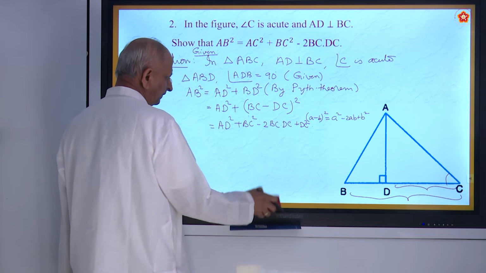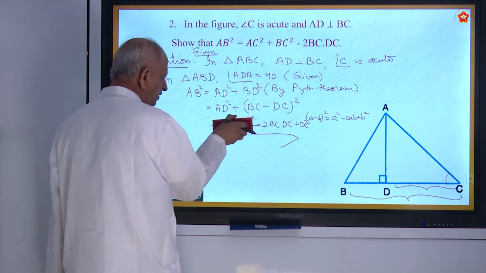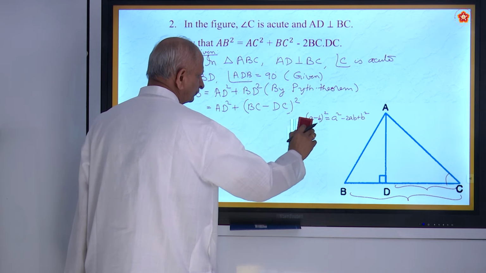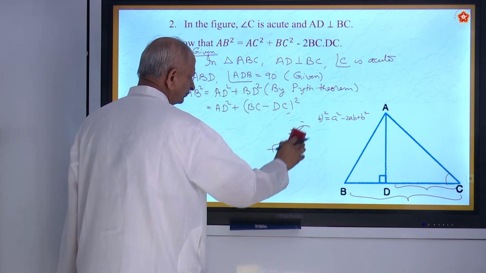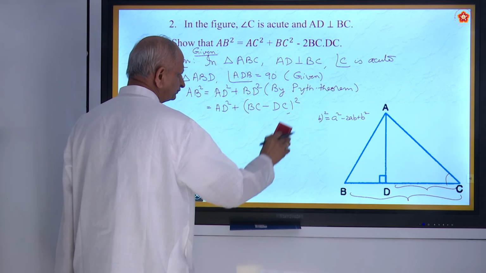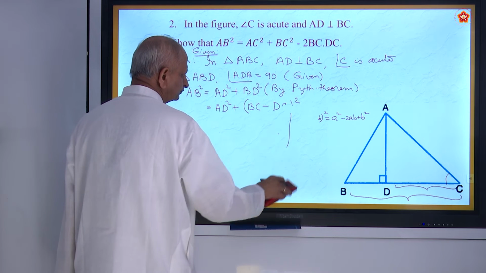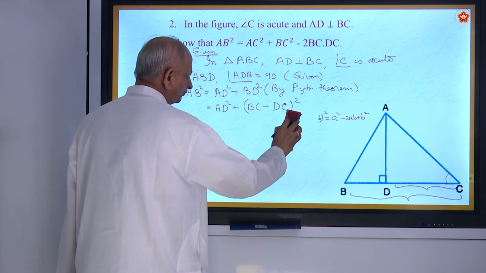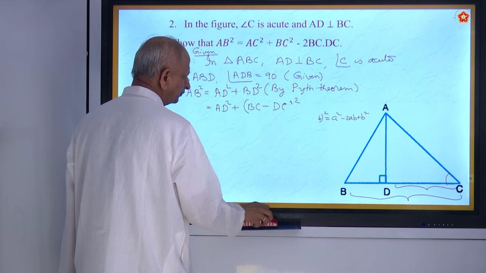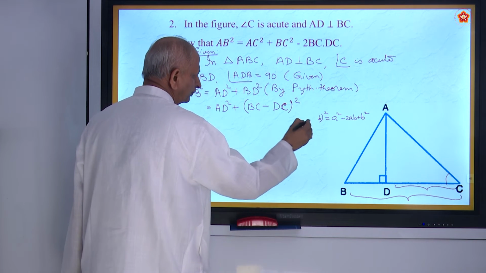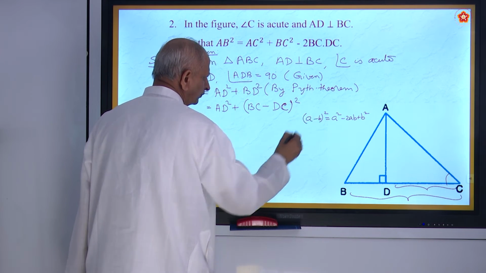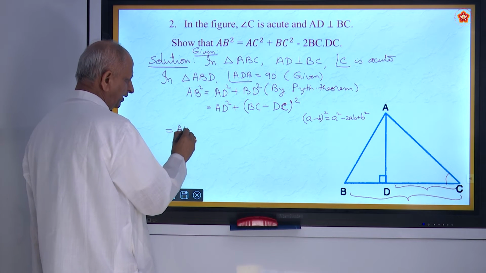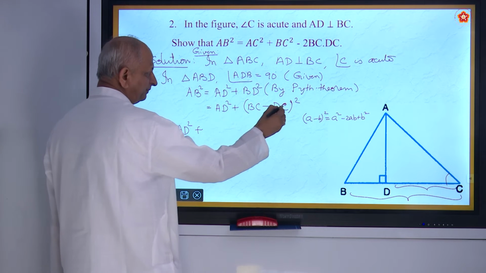Okay, or let me write here clearly. So I'll just take it this side, AD square plus the A minus B whole square formula.